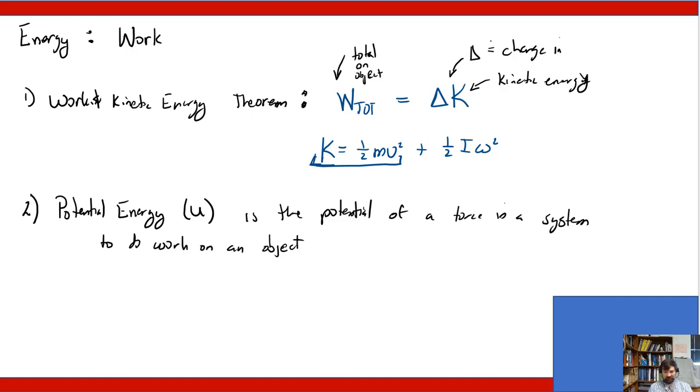So on an object in the system. Only valid for conservative forces.